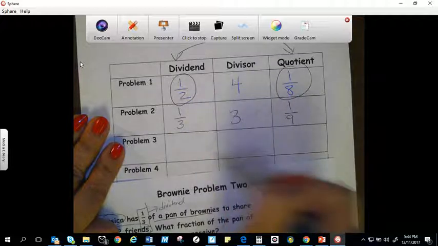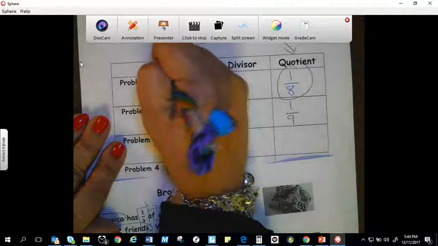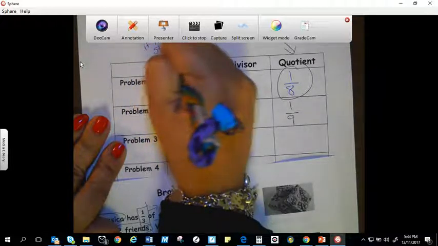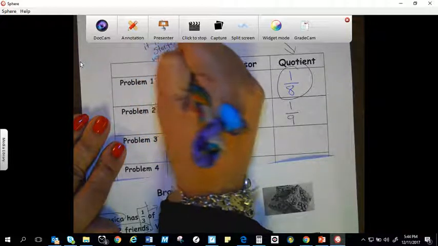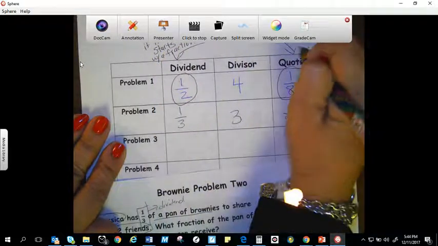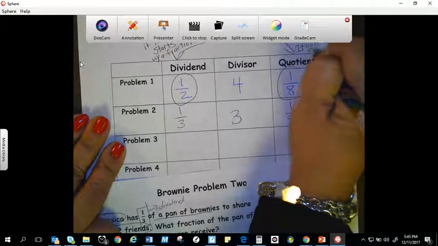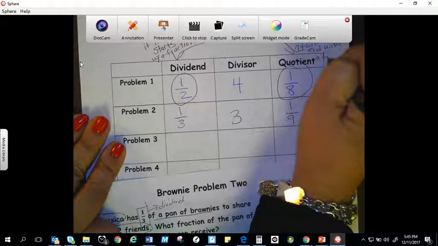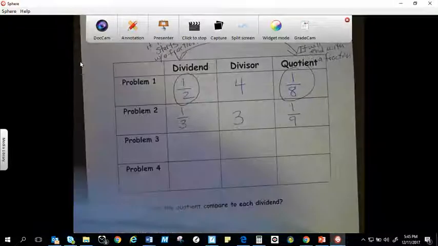My 1's on top because it starts with a fraction. If it starts with a fraction, it will end with a fraction.